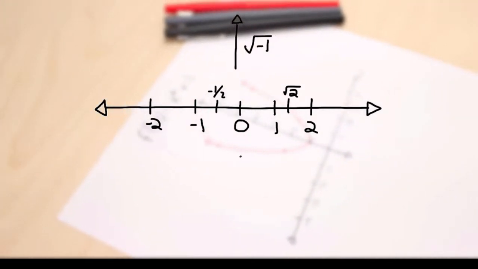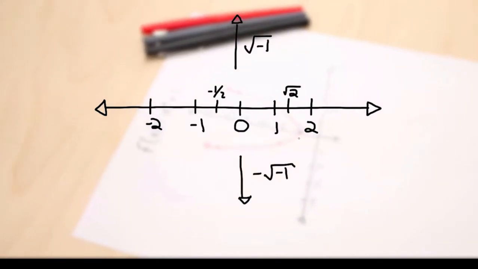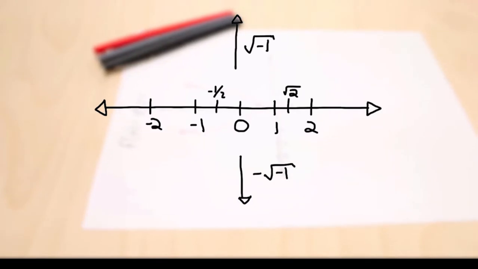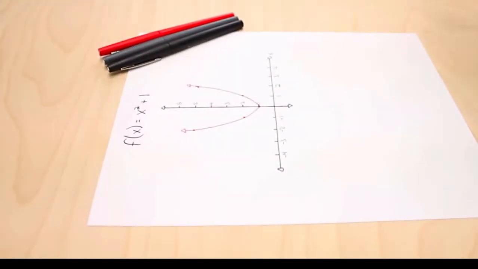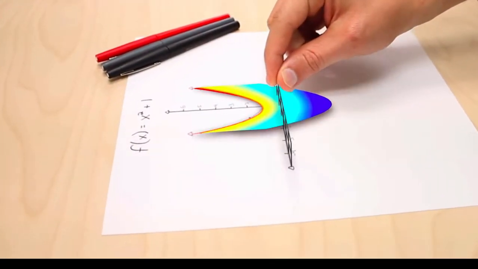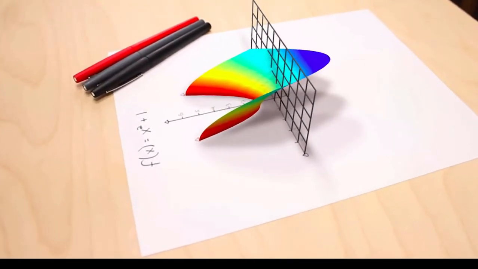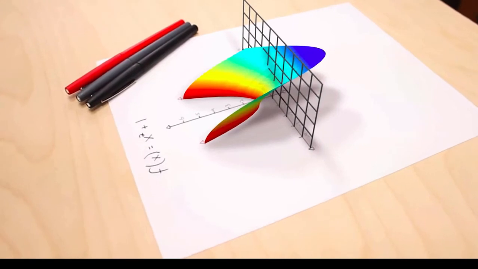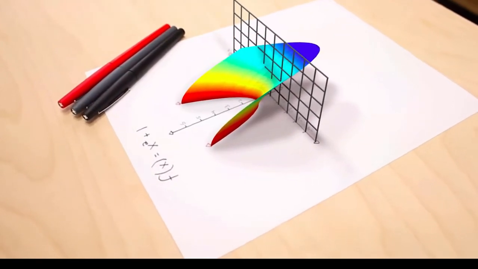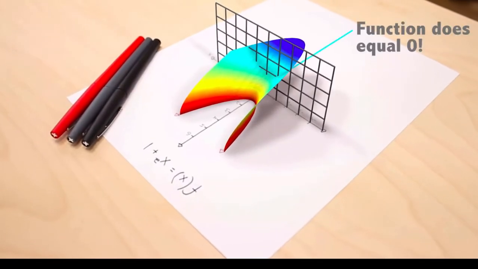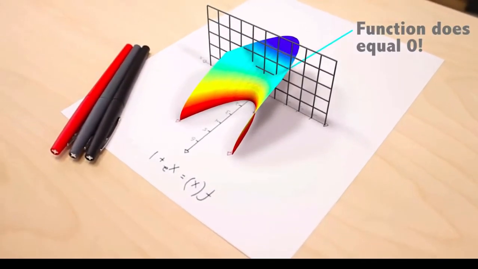Algebraically, this new dimension has everything to do with a problem that was considered impossible for over 2,000 years, the square root of -1. When we include this missing dimension in our analysis, our parabola gets way more interesting. Now that our input numbers are in their full 2-dimensional form, we can see how our function x squared plus 1 really behaves. Our function does cross the x-axis. We were just looking in the wrong dimension.